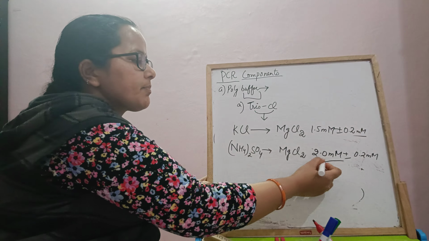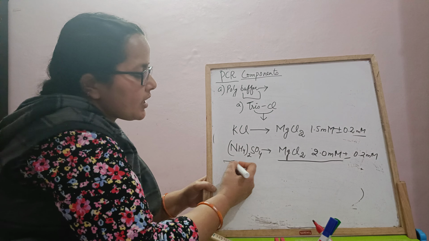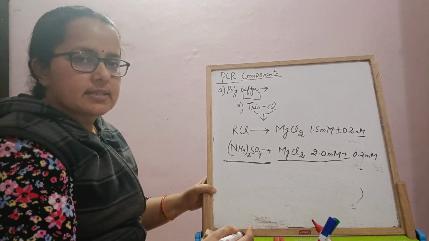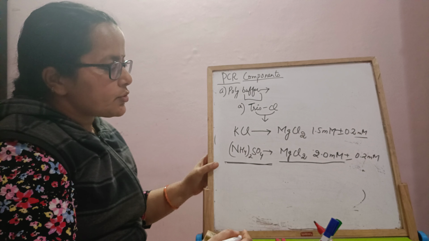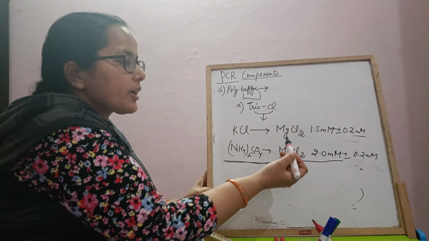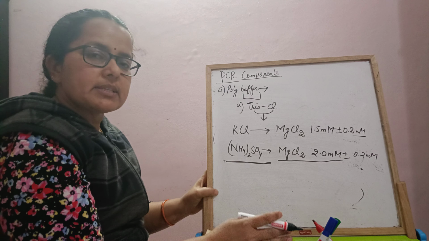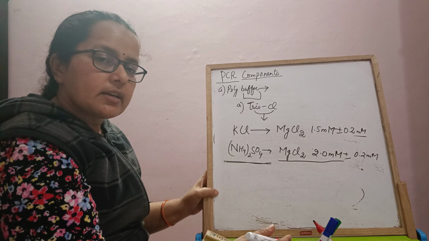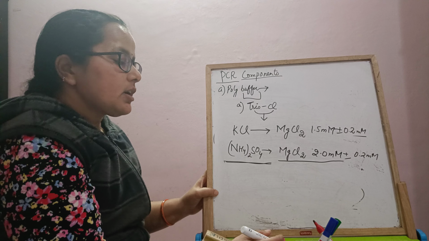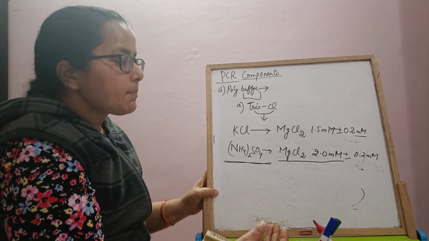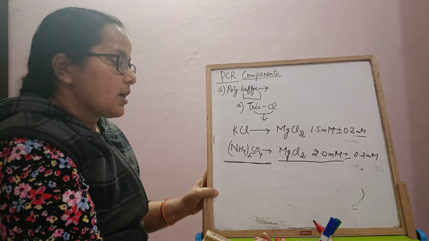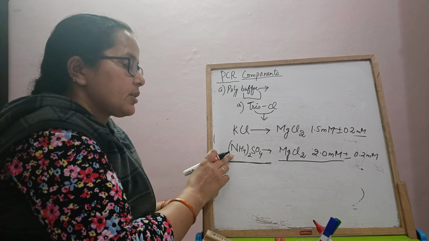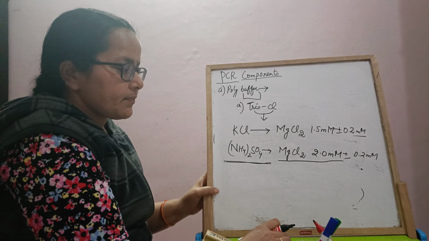A higher concentration of magnesium chloride is used when using ammonium sulfate containing buffers for high fidelity enzymes. So that part we have to take care of. If magnesium chloride is already present along with the buffer, then we don't have to adjust or standardize it. But for some PCRs, we have to standardize the magnesium chloride concentration when using high fidelity enzymes.